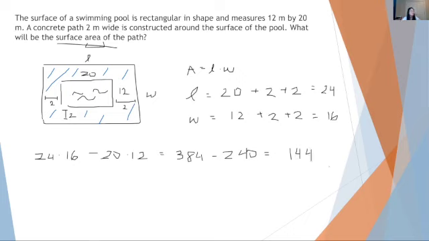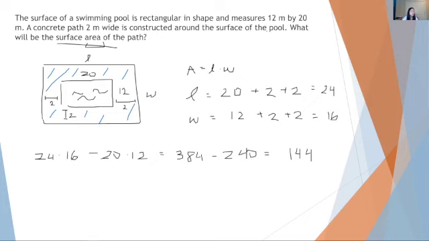144. Okay, there's one last thing I'm missing. Does someone have an idea of what we're missing? Okay, it's the fact that we have to have units.